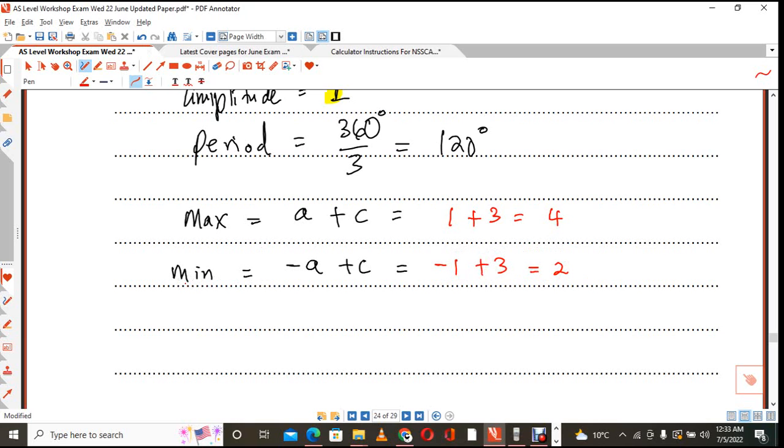What else do I need? Maybe perhaps you also need the center line. And remember what I said, how do you find the center line? You add your maximum and your minimum, and you find the mean, okay? So the center line, 4 plus 2, 6, is going to be a 3. Right, why is that important?